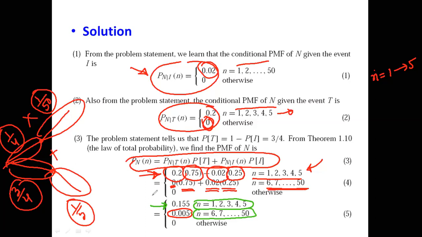And there is a mandatory value of 0 otherwise, because this is a PMF. So the PMF of n will be calculated like this. Is there any question from your side? No, sir. Just a minute.